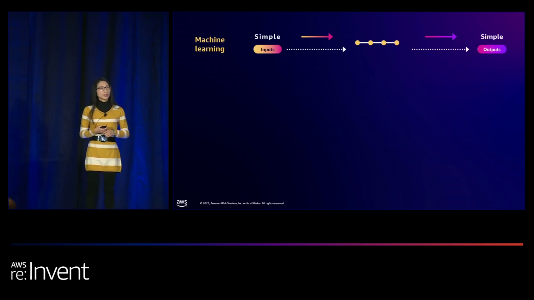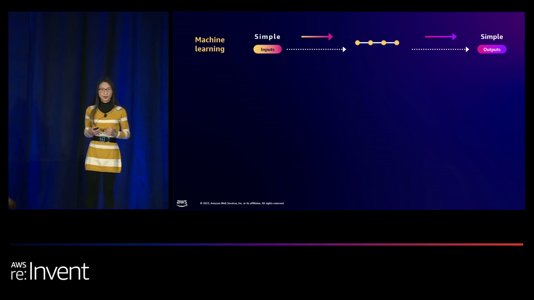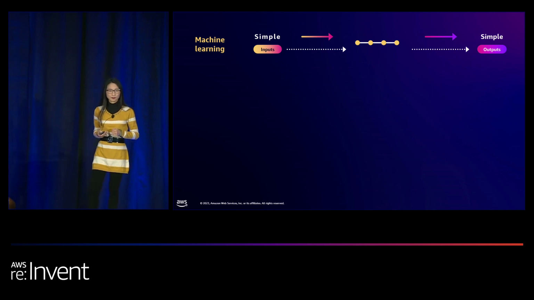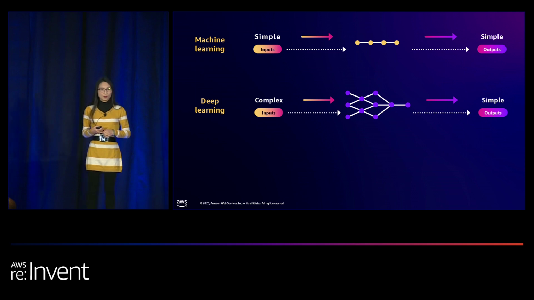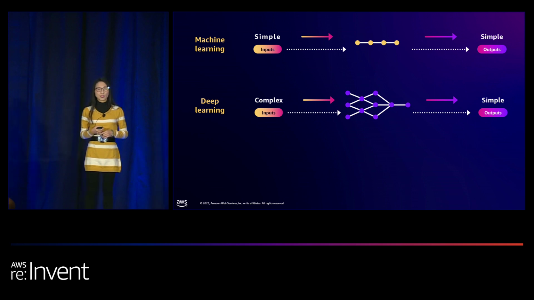Now, let's dive a little deeper to understand the complexity of generative AI. Traditional forms of machine learning models allow us to take simple inputs, like numerical values, and map them to simple outputs, like predicted values. With the advent of deep learning, we could take complicated inputs, like images or videos, and map them to relatively simple outputs, like identifying an object in an image.